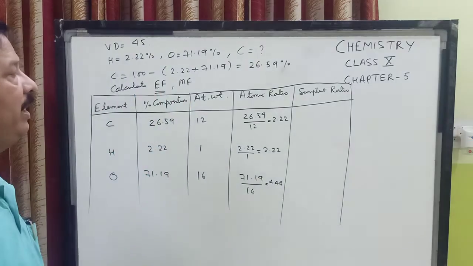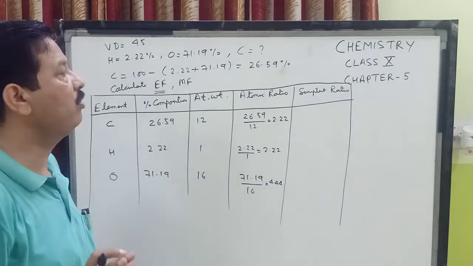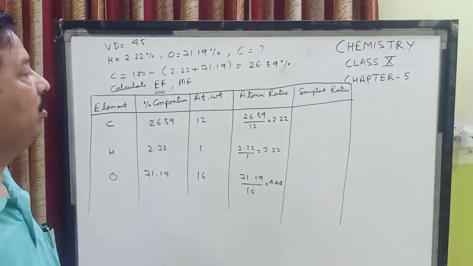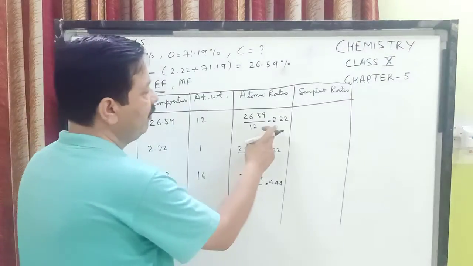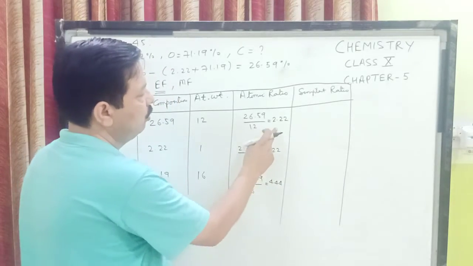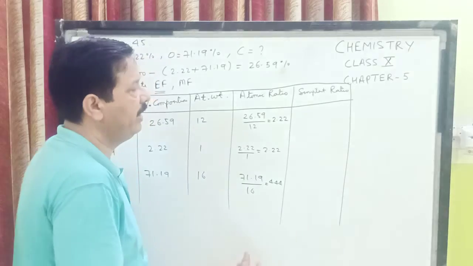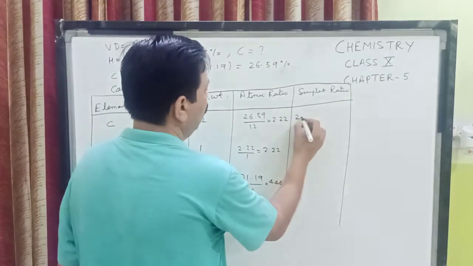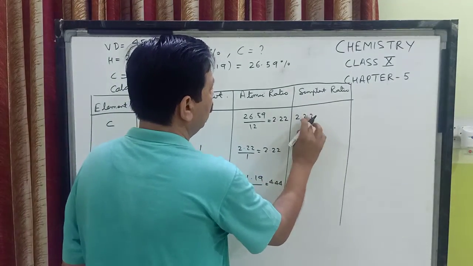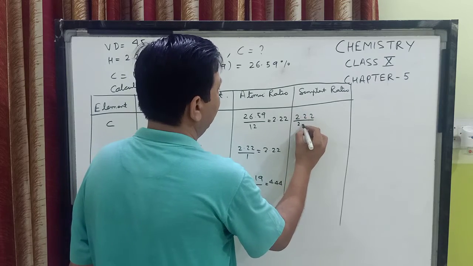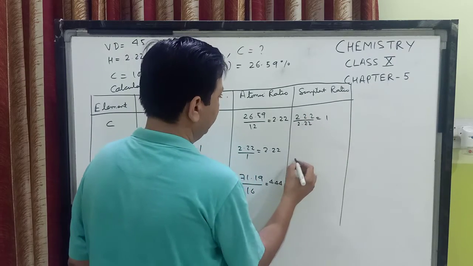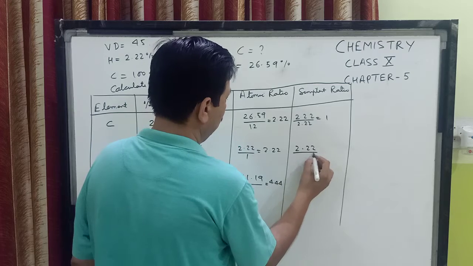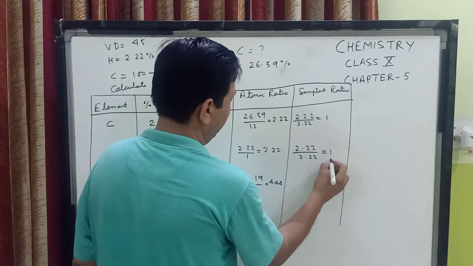So children, we have done it. Now the next step, as I told you, is to find the simplest ratio. We see which is the smallest one. There are two values which are smallest. We divide by the smallest one. So 2.22 divided by 2.22 is 1. Here also 2.22 divided by 2.22 is 1.